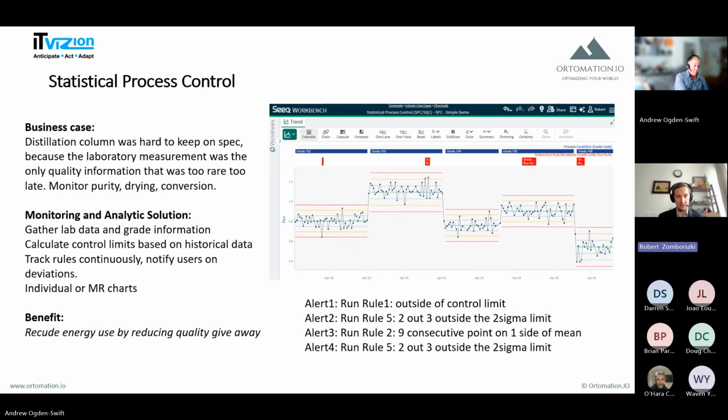This method usually increases control. It reduces the variability, so we can get closer to the limits, and that means we can reduce the energy usage by reducing the quality giveaway in our process. Okay, next slide, please.